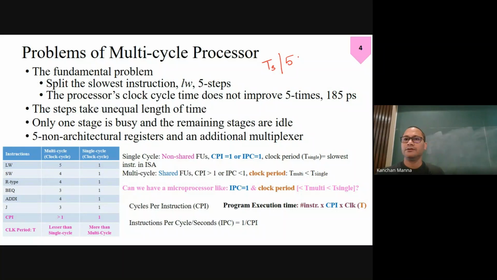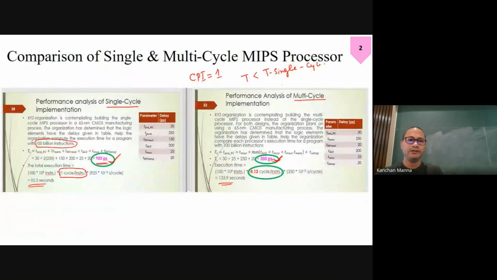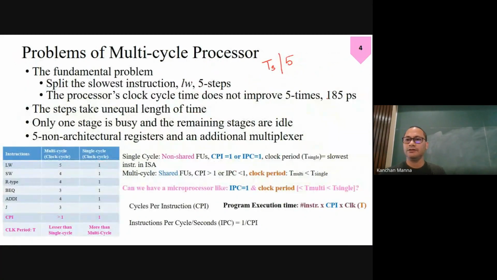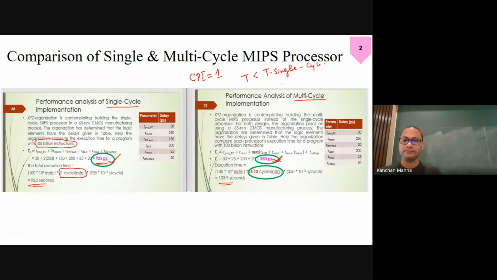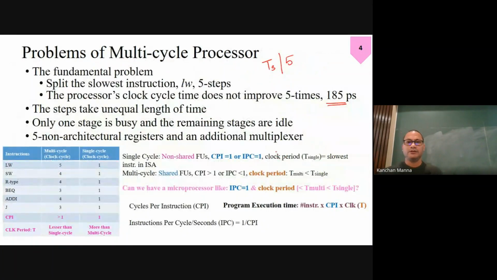If we divide by 5, then it should be this one, but you see here, it is not happening. So that was the problem.